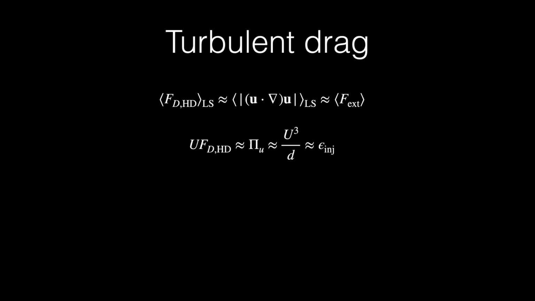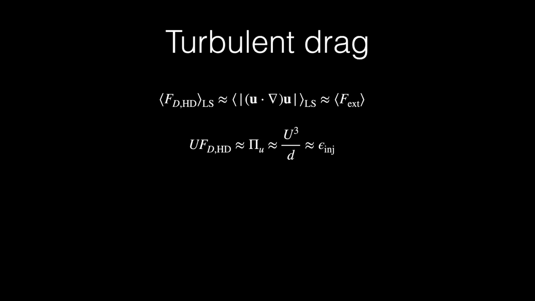Now, from dimensional analysis, one more step: I multiply by U in the full equation. Then I find that Π is the energy supply rate at large scale, U times turbulent drag. So we can estimate the energy supply rate by U cubed by d.